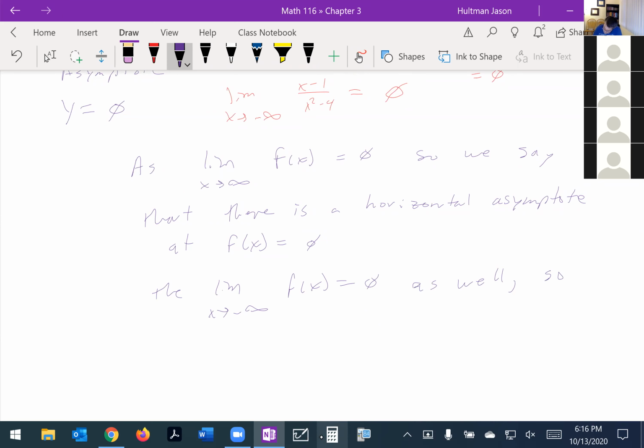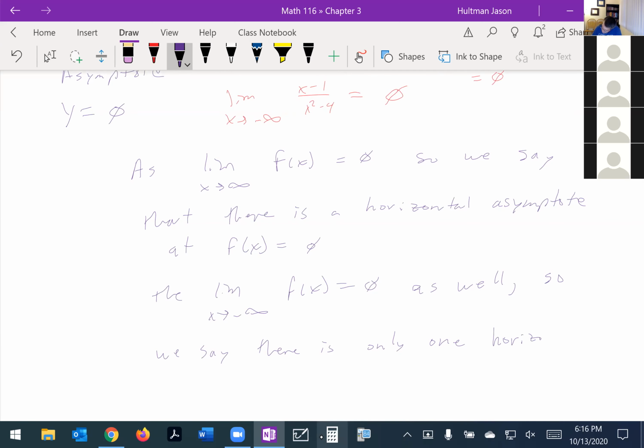So we say there is only one horizontal asymptote, f of x equals 0, or y equals 0. I'm just going to say y equals 0 in this case.